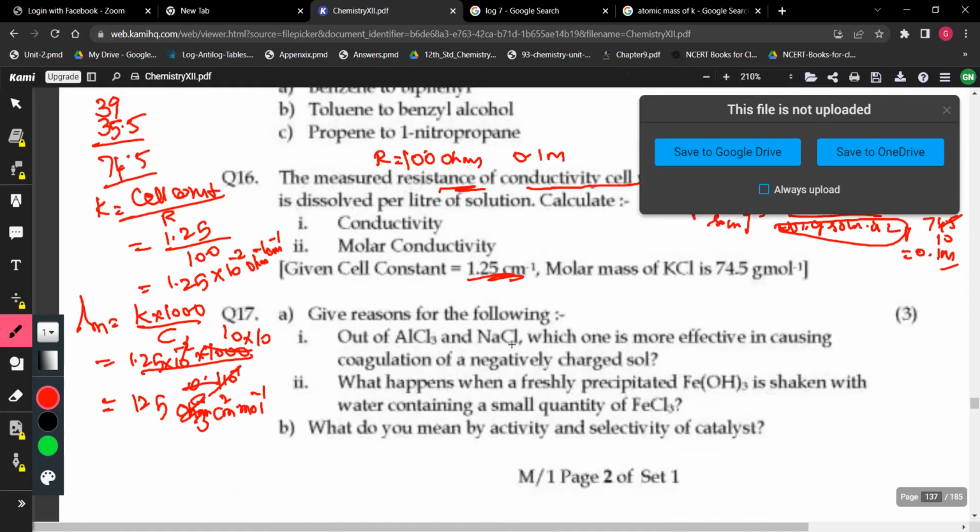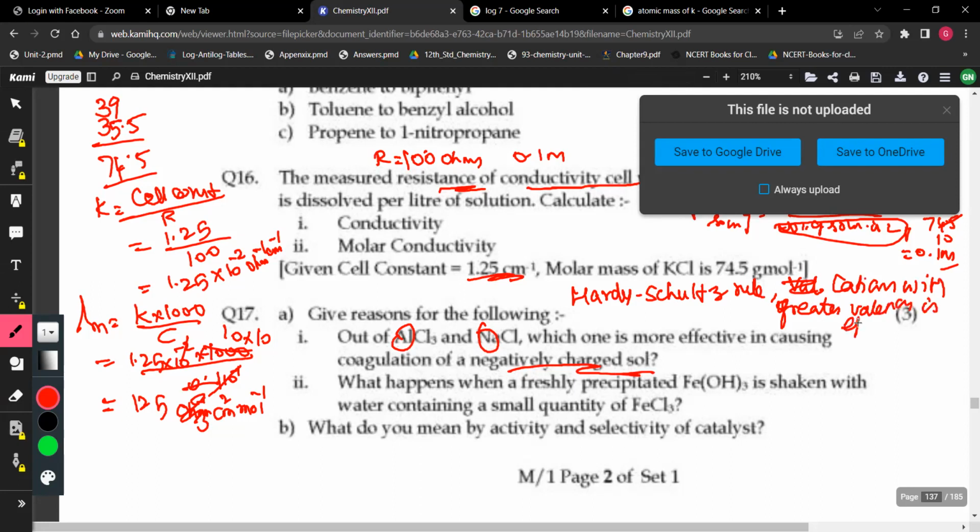Out of AlCl3 and NaCl, which one is more effective in causing coagulation of a negatively charged sol? When you want to coagulate a negatively charged sol, you have to look at the valency of the cation. According to the Hardy-Schulze rule, for coagulation of a negatively charged sol, the cation with greater valency is more effective.